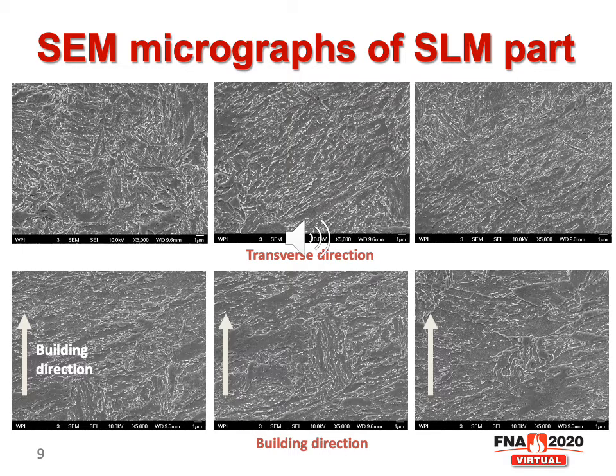For the transverse direction, the 3 different positions give very similar microstructure. For the building direction, they look very similar too. Based on the SEM images, the microstructure looks like tempered martensite.